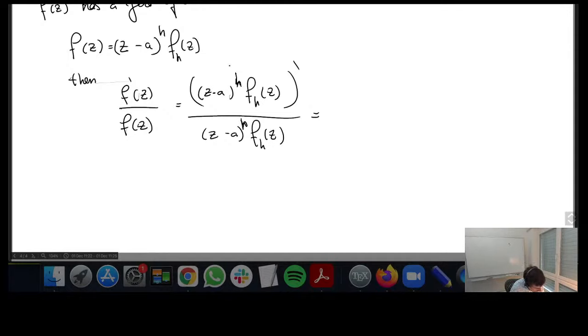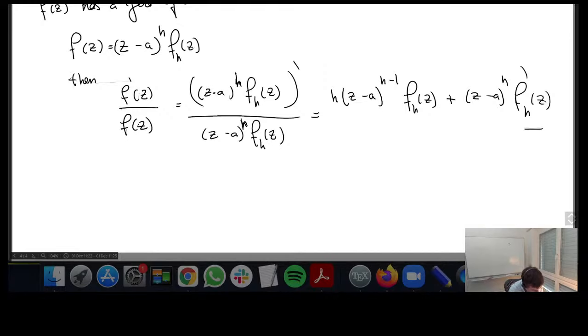Let's differentiate term by term: this is the differentiation of that term, so h times (z minus a) to the h minus 1 times f_h of z, plus (z minus a) to the h times the derivative of f_h.